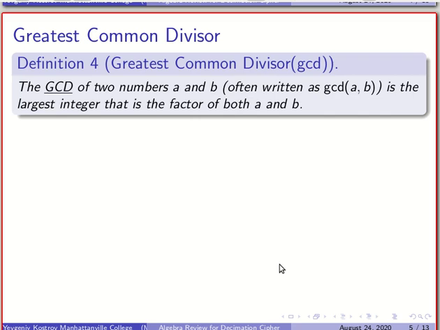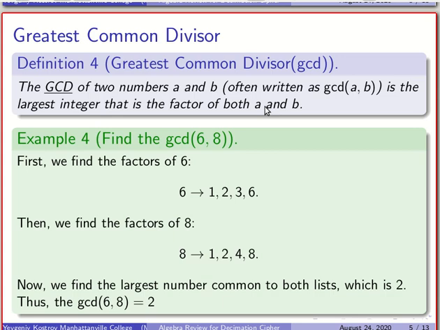Then another thing that we would need in these calculations is the greatest common divisor. The greatest common divisor of 2 numbers, a and b, and usually people write GCD(a, b), is the largest integer that is a factor of both a and b. So let's look at the greatest common divisor of 6 and 8.